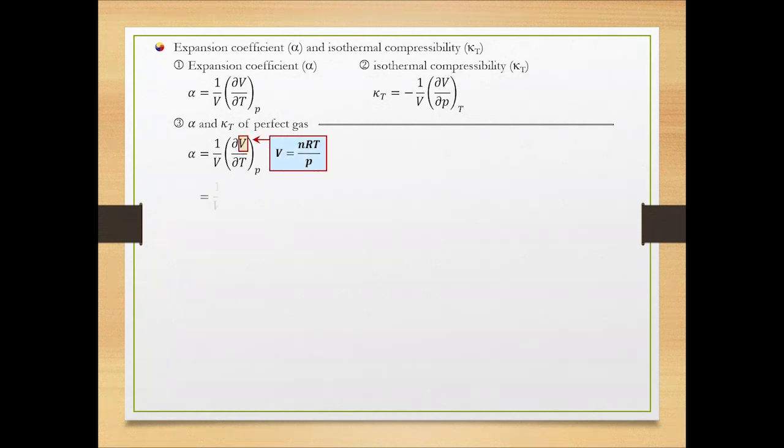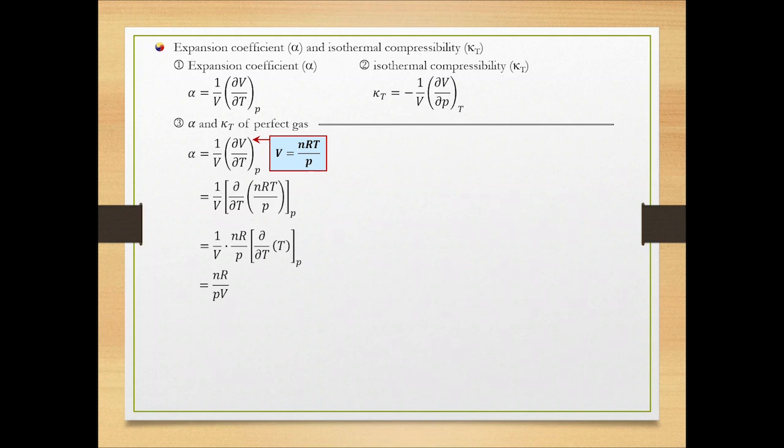Modify the equation of state for perfect gas with respect to volume and plug it into the expression for alpha. Since pressure is maintained constant and gas cannot escape the system, nR over P is a constant as a whole, so it can be brought out of the derivative. dT over dT is simply equal to 1, which leads to nR over PV.